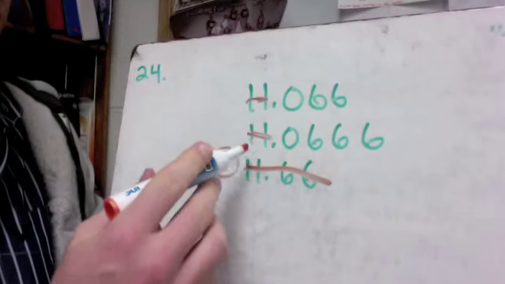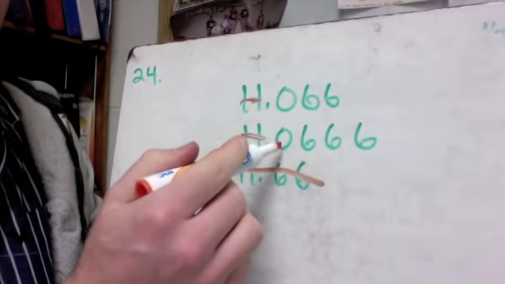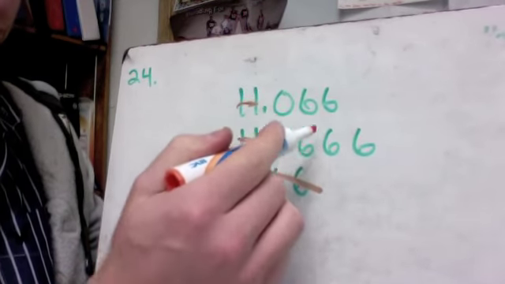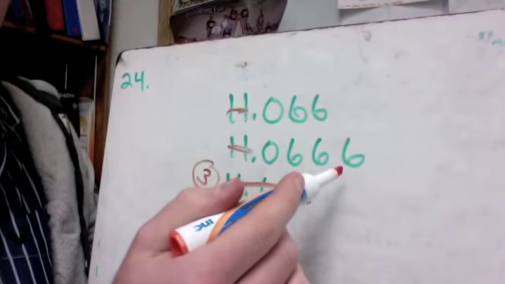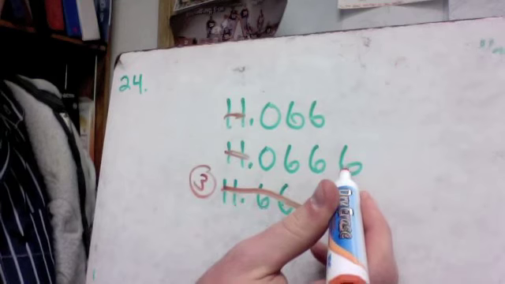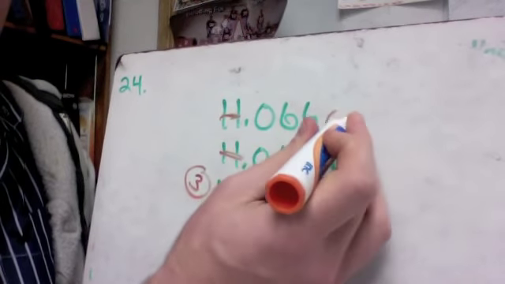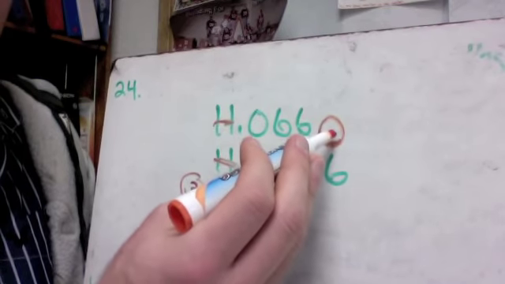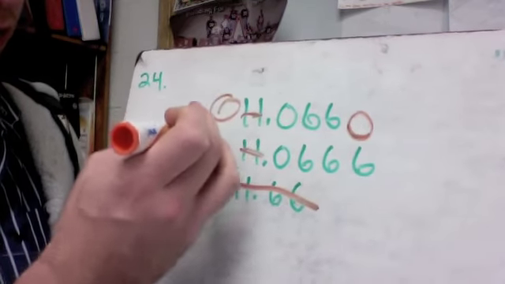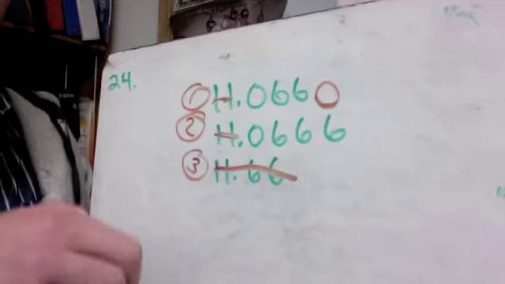Now the other two, they're similar up to the tenths, similar up to the hundredths, similar up to the thousandths. But when we get to the ten thousandths, I've got a 6 here, but I have no ten thousandths here. So if I have a 6 here, that's definitely going to be bigger than a 0. So this one would be the smallest, followed by this one right here.